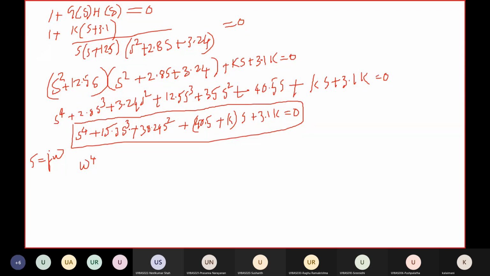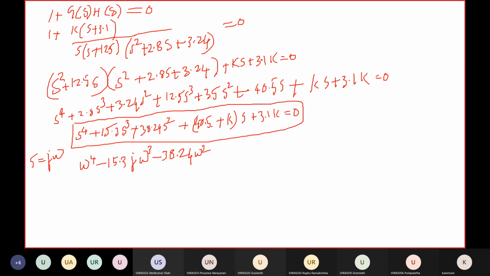J cube we write as minus j, because j square is minus 1, therefore minus 15.3 j omega cube. Then 38.24 s square, we put j omega whole square, we get j square omega square, j square is minus 1, therefore minus 38.24 omega square.